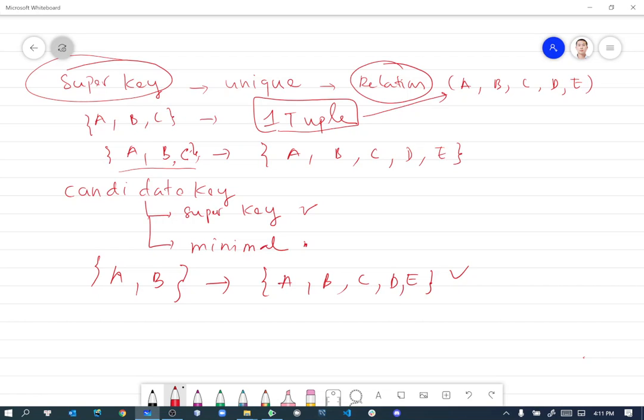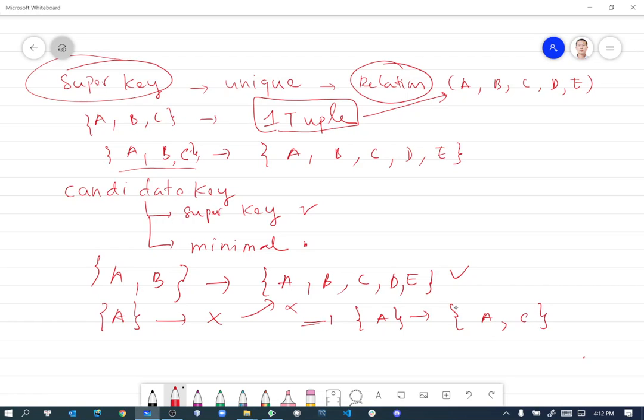But let's say you drop A out of this, or you drop B out of this. If you drop B out of it, it makes A unable to determine everything. Let's say A can only determine A, B, not B, A determine A and C, let's say.